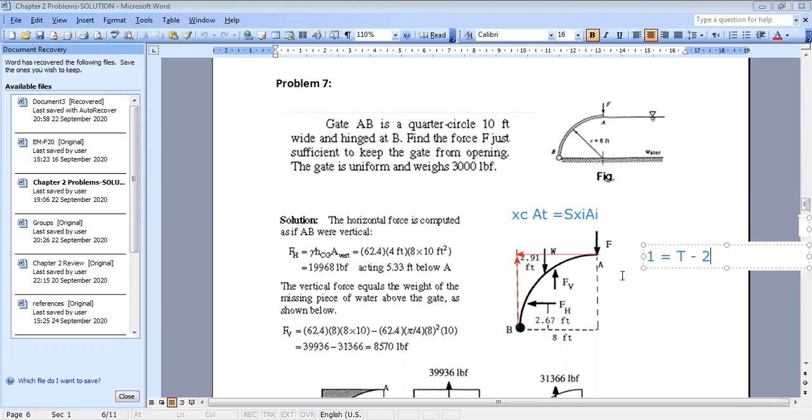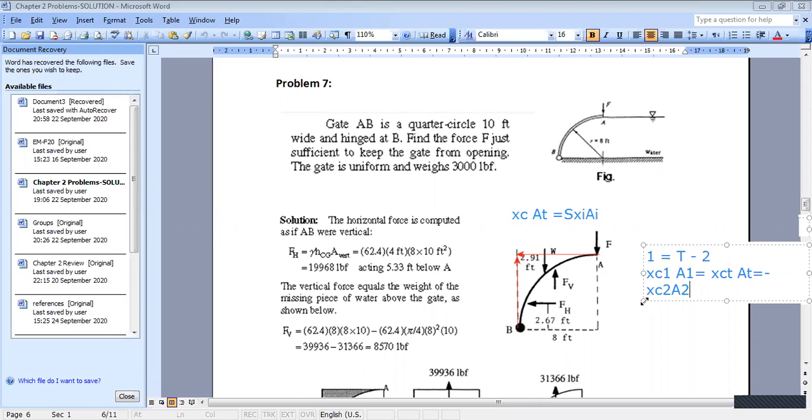This is why, to find the centroid, you say that xc of part 1 times area of part 1 is equal to xc of the total part times the area of the total part minus x centroid of part 2 times A2.